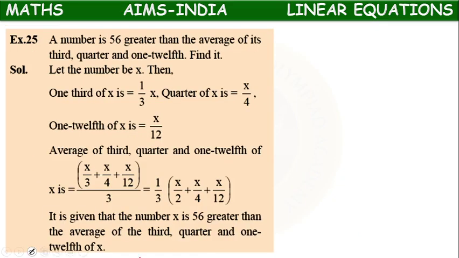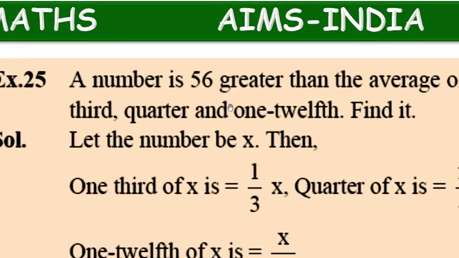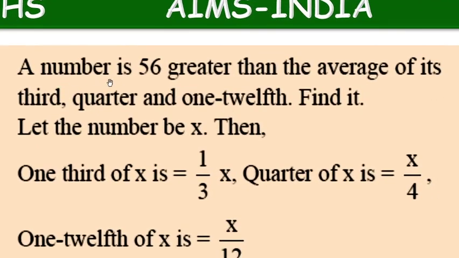So next. A number is 56 greater than the average of its third, quarter, and 1/12.